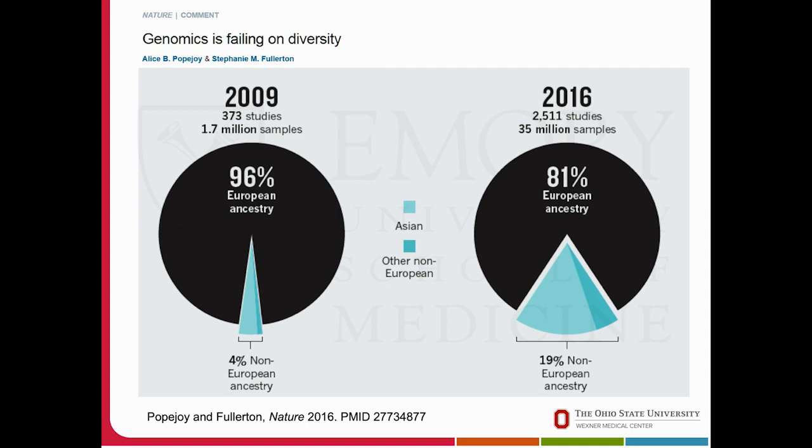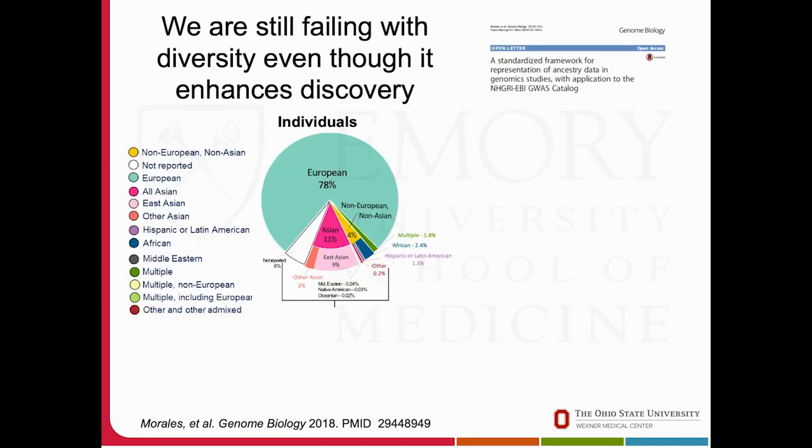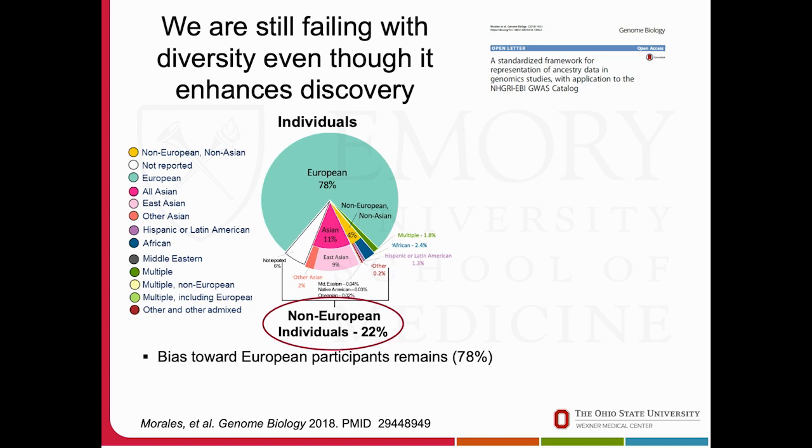This is from 2009, GWAS data, 96% was European ancestry. By 2016, it was down to 81%, but still less than 20% non-Northern European ancestry. But this is data from 2018, where non-European individuals had increased to 22%, but of that, African ancestry and Hispanics were only 3.7%.